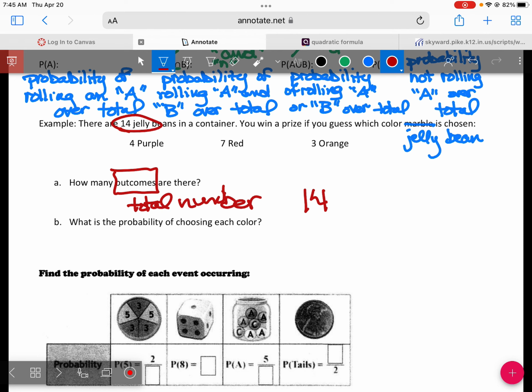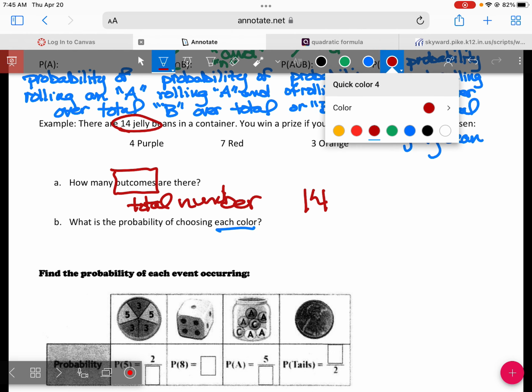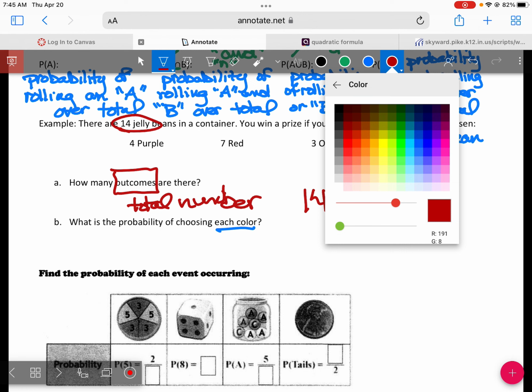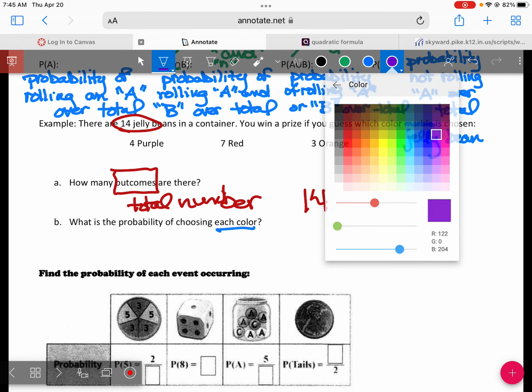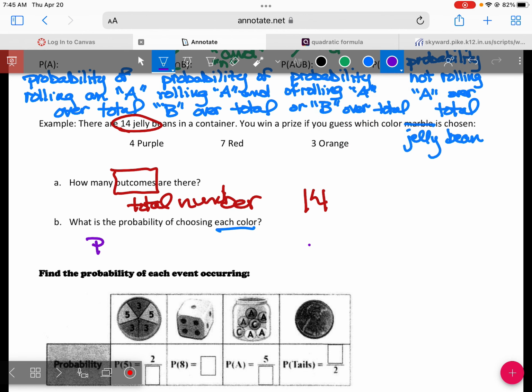Okay, so what is the probability of choosing each color? Well, how many colors do we have? 3. So let's talk about first. So what's the probability of picking purple?